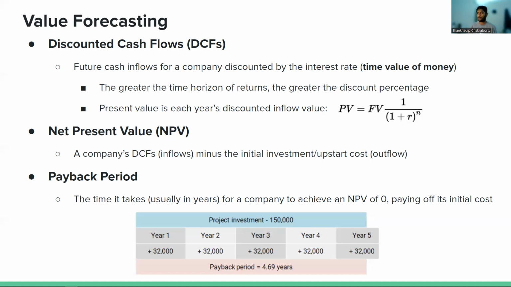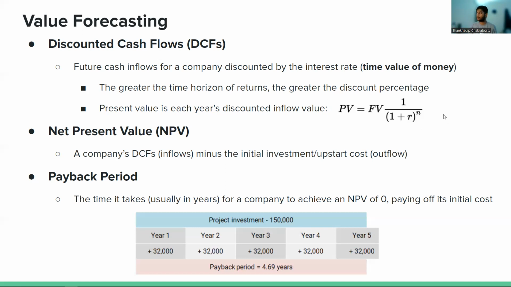A dollar worth in 1900 is way more than a dollar worth today. It'd probably be worth like $100, $150 today, or something along those lines. But yeah, the greater the time horizon of returns, the greater the discount percentage. So the more into the future you look, the greater the discount percentage.